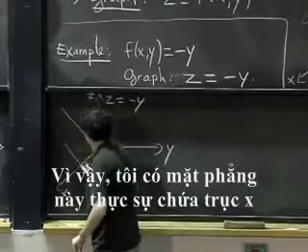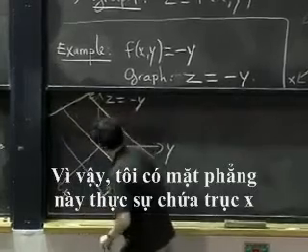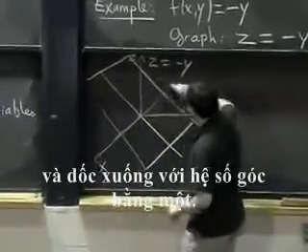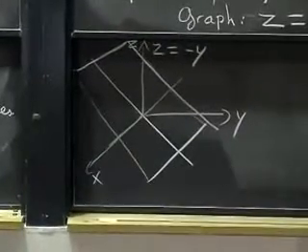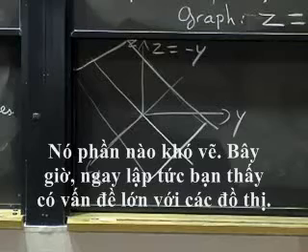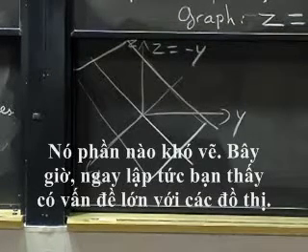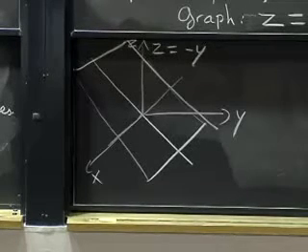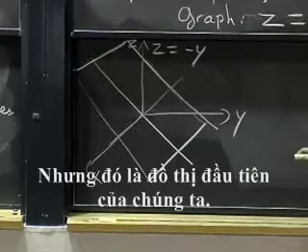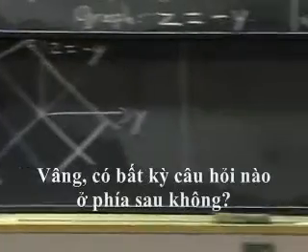So I have this plane that actually contains the x-axis and slopes downwards with slope 1. It's kind of hard to draw. Now you see immediately what the big problem with graphs will be, that these pictures are hard to read. So that's our first graph. Any questions so far?